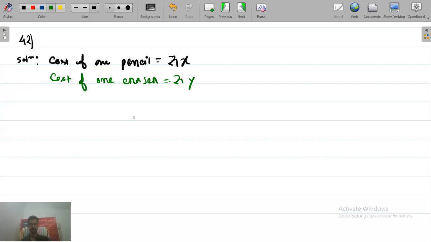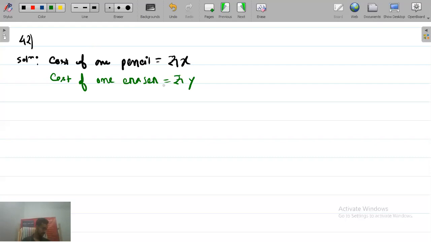Now see, first Romila went to the stationery shop and purchased two pencils and three erasers. If the cost of one pencil is rupees X, then the cost of two pencils will be 2x. In the same way, if the cost of one eraser is rupees Y, then the cost of 3 erasers will be 3y.